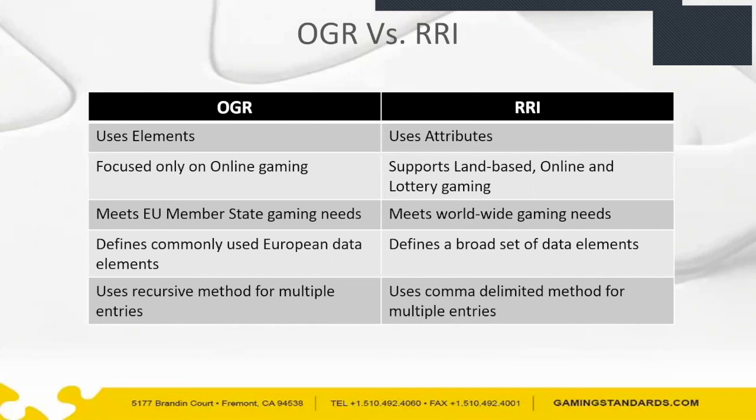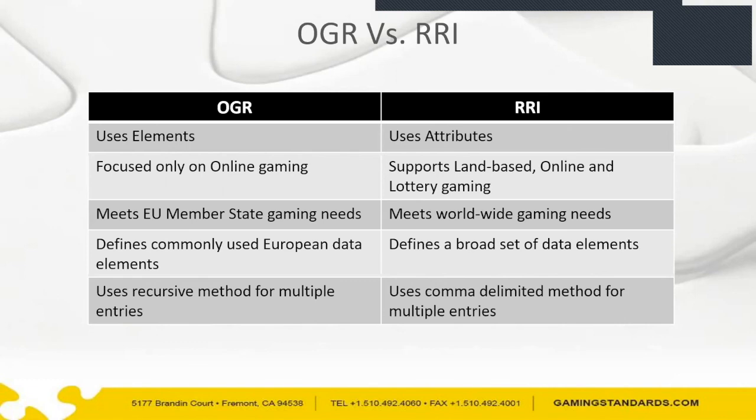We just finished going through all those comments, and now there will be a second formal vote that will take place early next year. And we expect that the standard will be approved and it will become a pan European standard for regulatory reporting for the online gaming vertical.